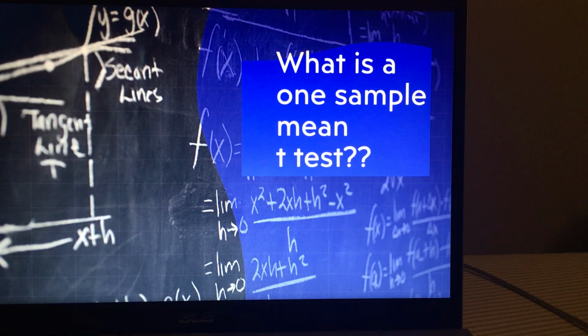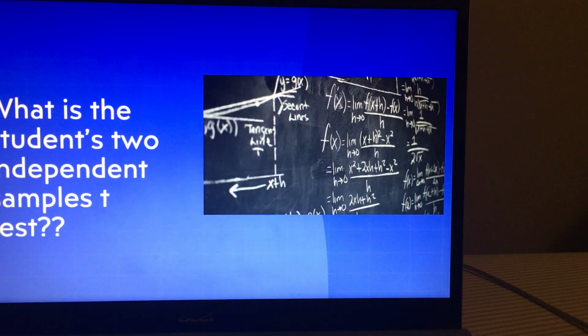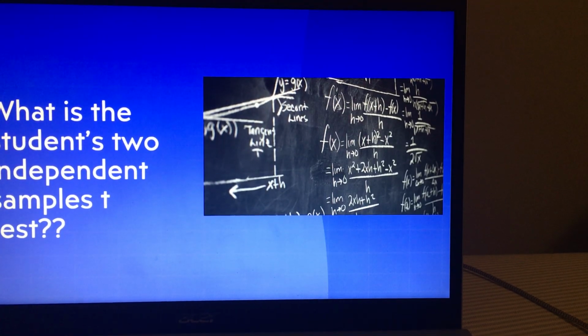All right, then there's one more really simple scenario where we go to the two independent samples t-test. So again, we go back and we ask ourselves about the assumptions. So is our sampling distribution normal? If it is, we can go ahead and we can do the Student's two independent samples t-test, right?